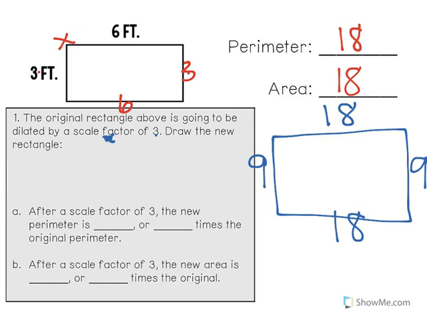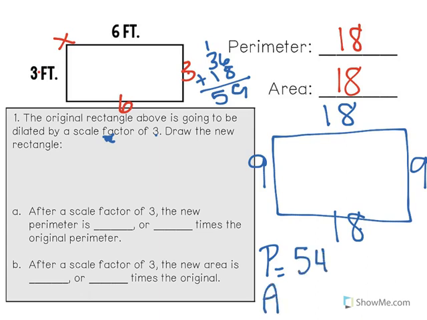That means my perimeter goes to 18 plus 18, which is 36, plus 18, which is 54.